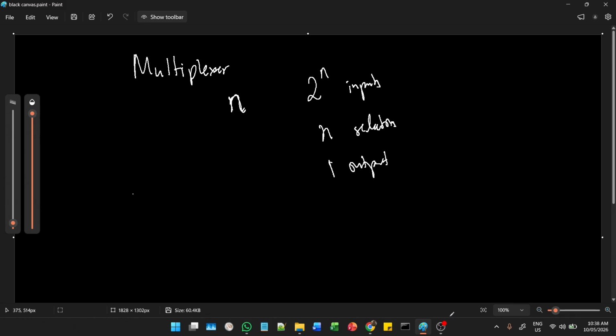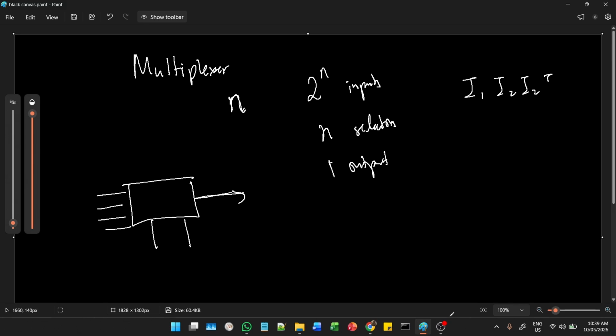So if I take a multiplexer that has two selection inputs, then we'll have four inputs and one output, where we can select using these values which one of these will go through, right? So what I can do is have four inputs like this, and using S0 and S1, I can select which one of these inputs will activate. So that is what a multiplexer is.